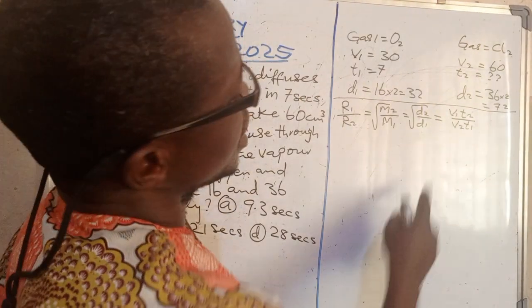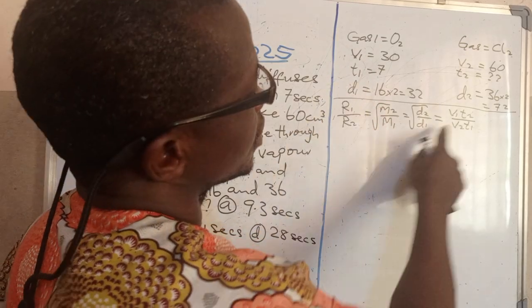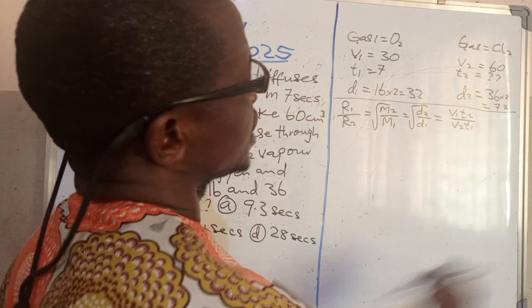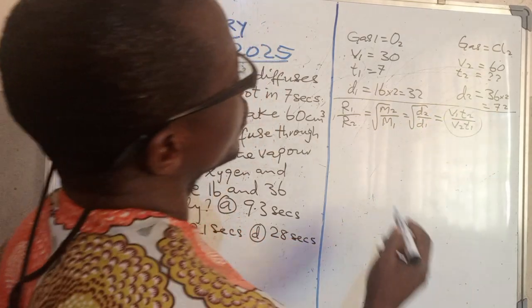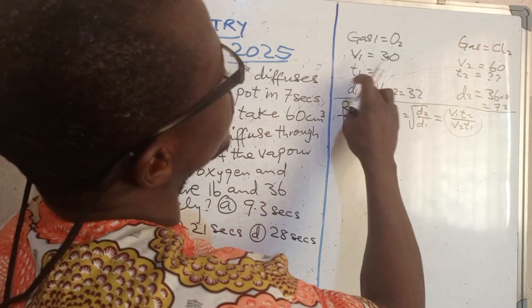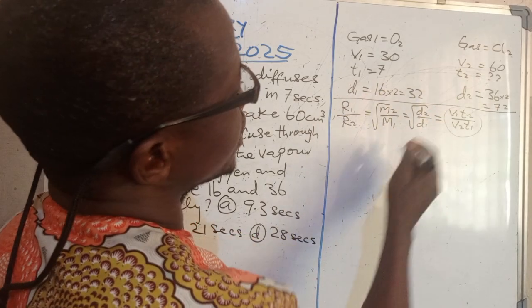So if I check, I have V and T. Where do I have them? In this place, so I will take this place. Which other place do I have something? I have D. Where is my D? This place.